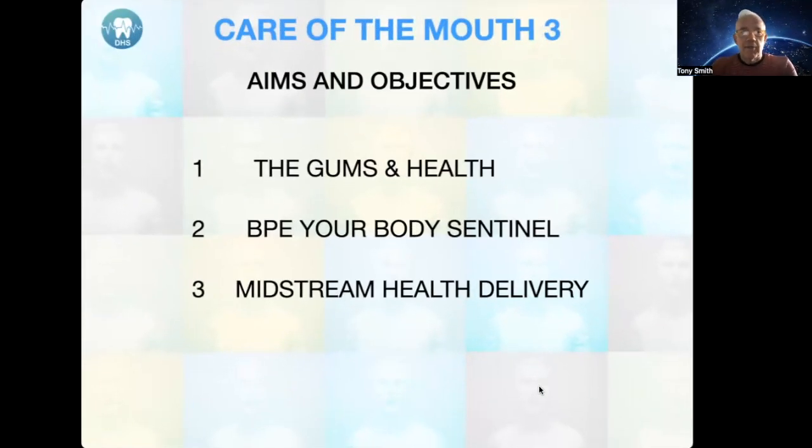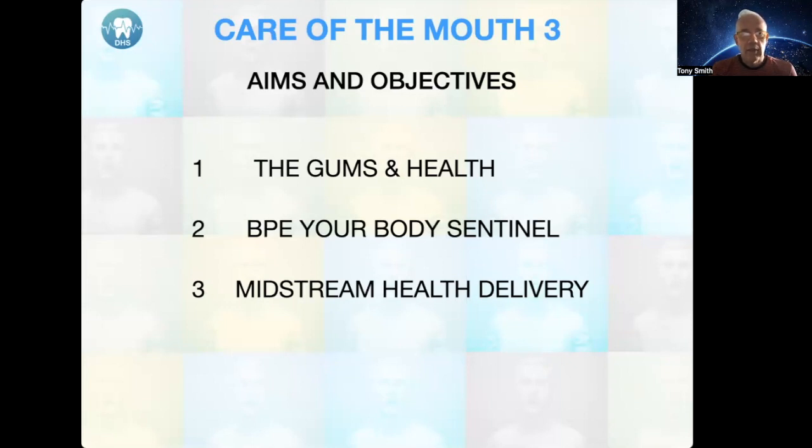Right, let's hope this is working. So this is the third one, about teeth and gums. As with the others, I've put down three aims and objectives. So one is to go through the gums and how they're related to your health. And one is about how we measure your gums.